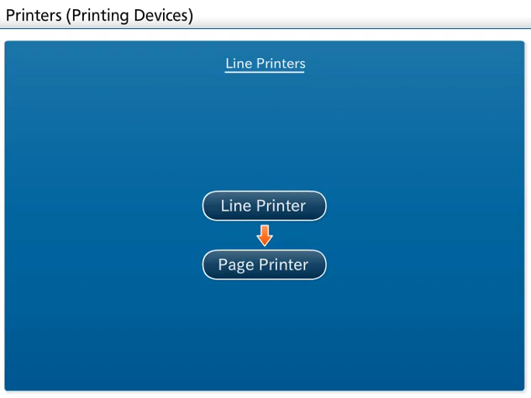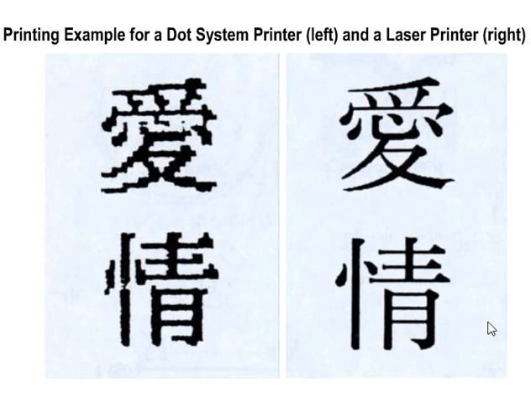However, recently this type of printer has been replaced with a page printer. A line printer using dot matrix is the same in principle as the serial printer using dot matrix. However, a line printer has multiple heads.